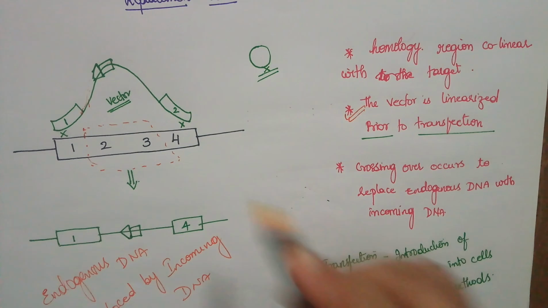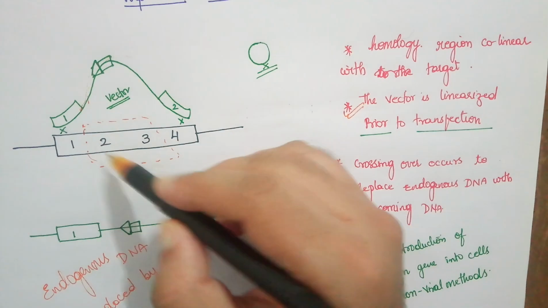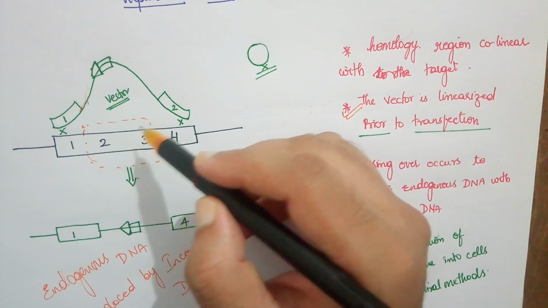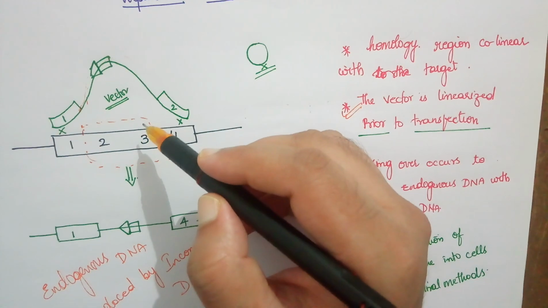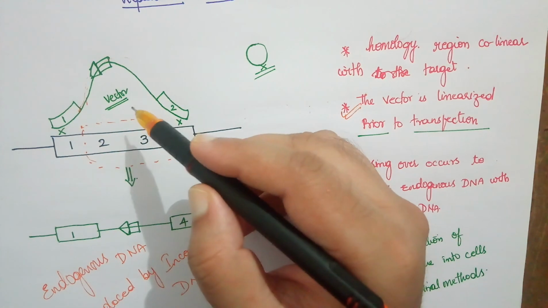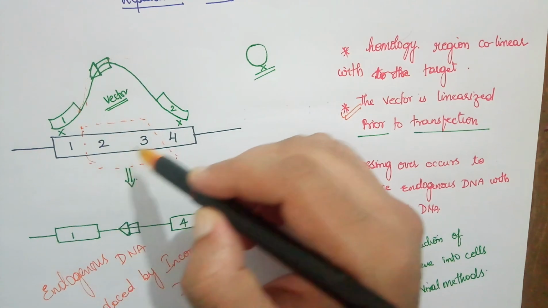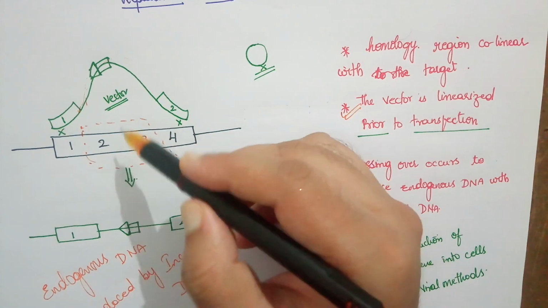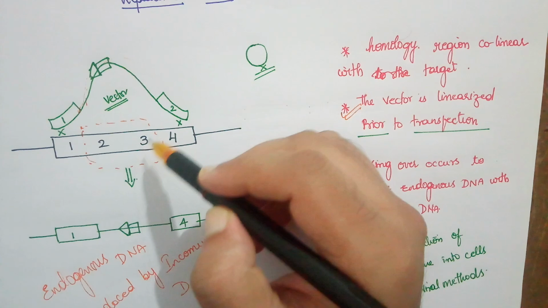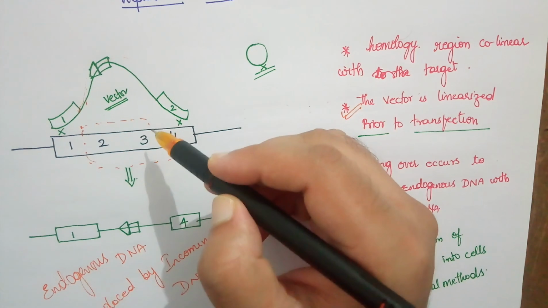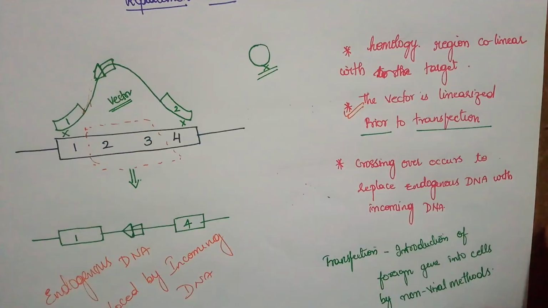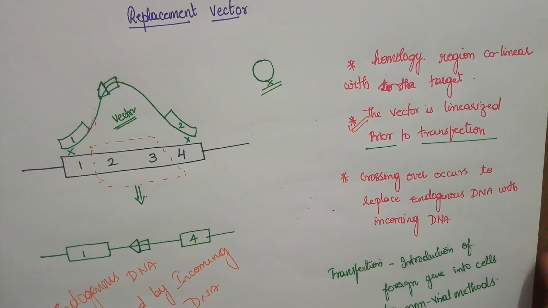Because of this replacement, you have knocked out a gene, correct or no? This is very important. You have removed this region, as a result of which whatever functions are lost, you can study those functions. So this is about the replacement vectors. Thank you.